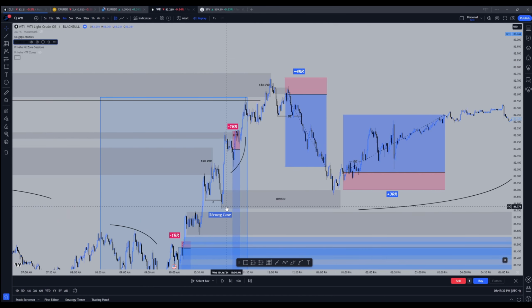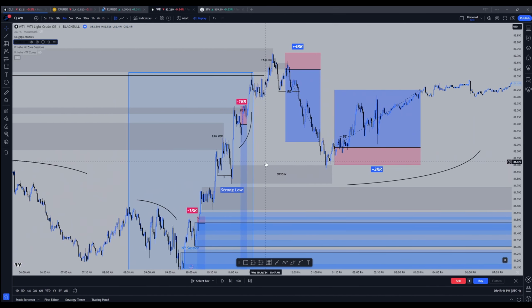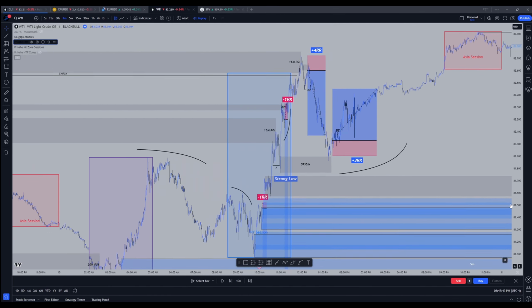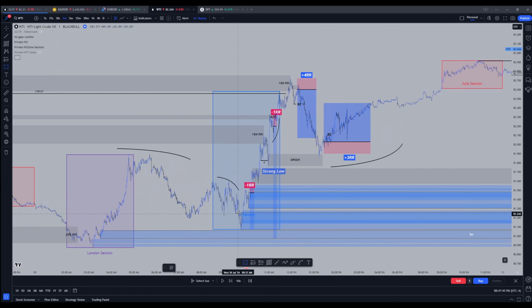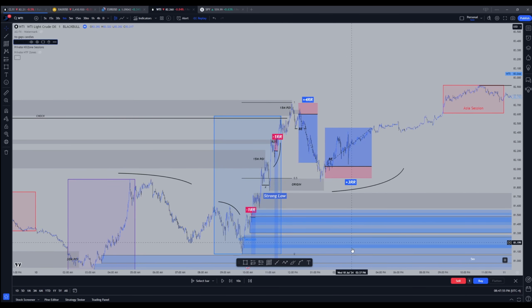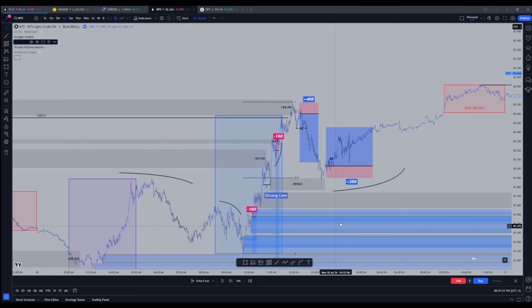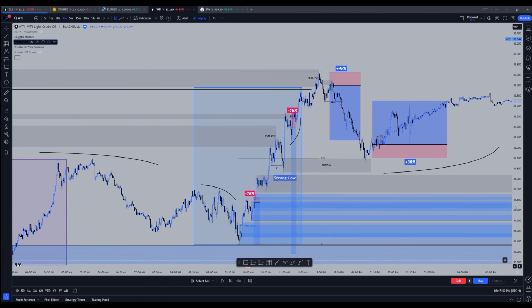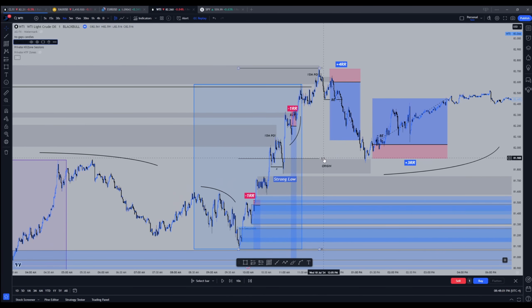Here we tapped into an origin. This is a very strong origin. Why? Because you could say the origin is already down here, in this whole entire leg. But because we shifted the structure bullish, we can expect price to continue in that direction. Don't forget, when price is trending, we will have smaller pullbacks, because it wants to trend. And in this leg, this is in the discounted range, below 50%.